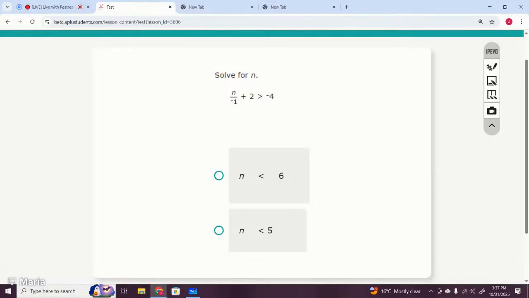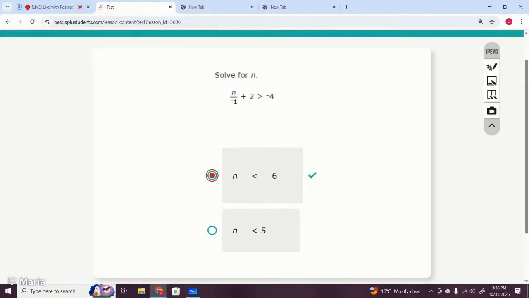n divided by negative 1 plus 2 is greater than or equal to negative 4. N is less than 6.